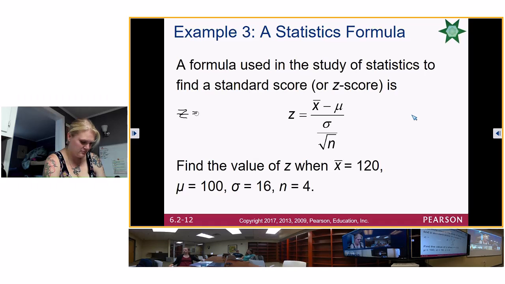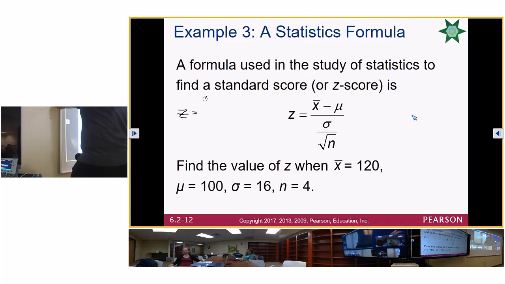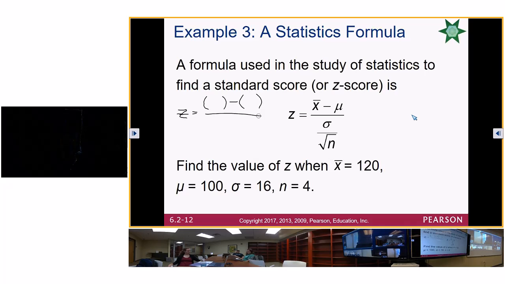Okay, I know. All right, Z equals (X bar minus mu) over (sigma divided by the square root of n). So what is X bar? 120. What is mu? 100. What is sigma? 16. And n is 4.